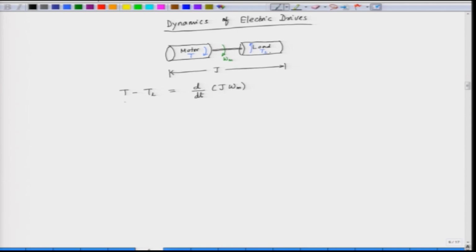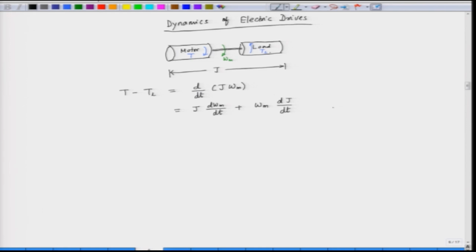So, the differential torque T minus TL is the rate of change of angular momentum. Now, if we expand this derivative by differentiating in parts, we will have two terms: J d omega m by dt plus omega m dJ by dt.